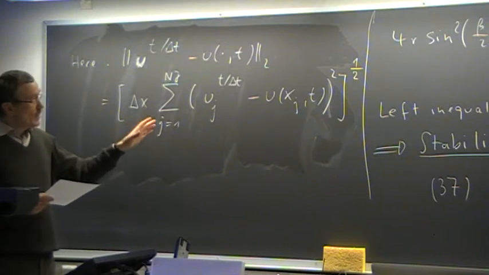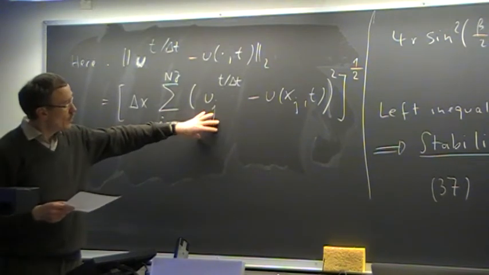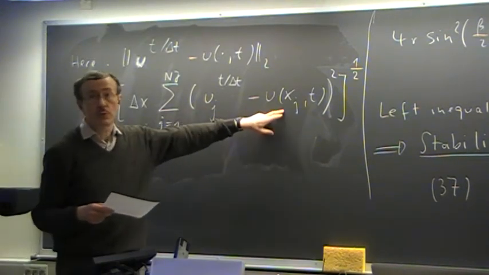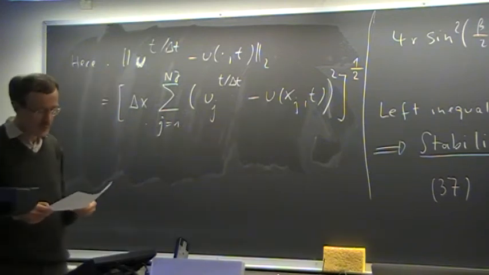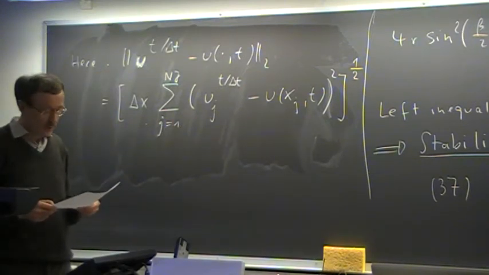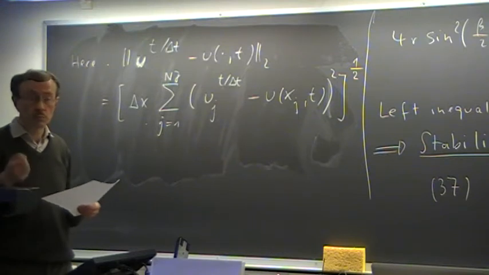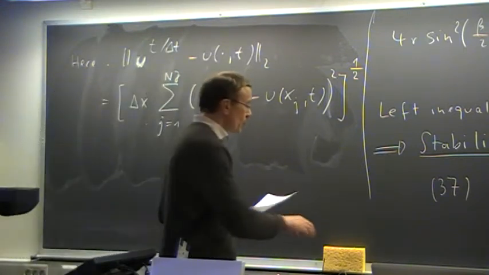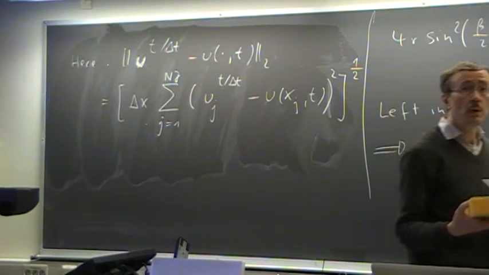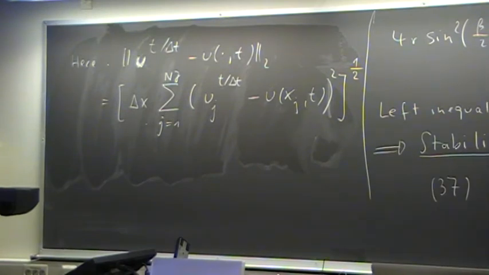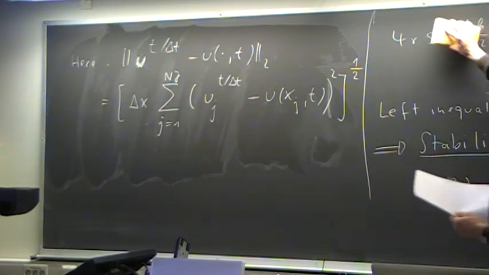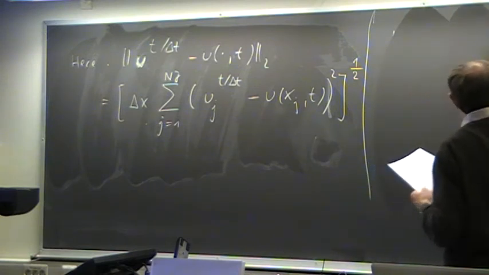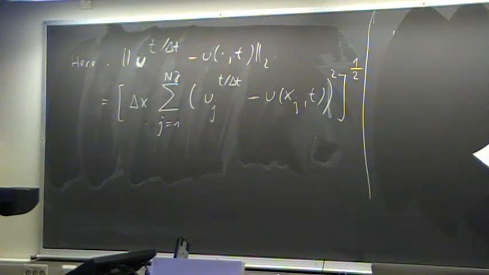So that is what we mean by the numerical solution approximating the exact solution. That is what we require. That is really our goal, that the numerical solution that we compute approximates the exact solution. We can do that in this sense. This is usually not so easy to do, to show convergence.